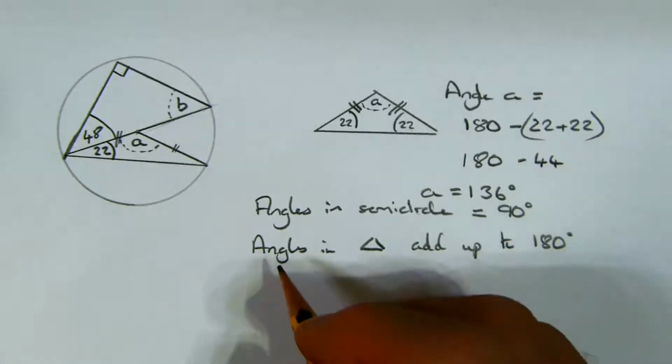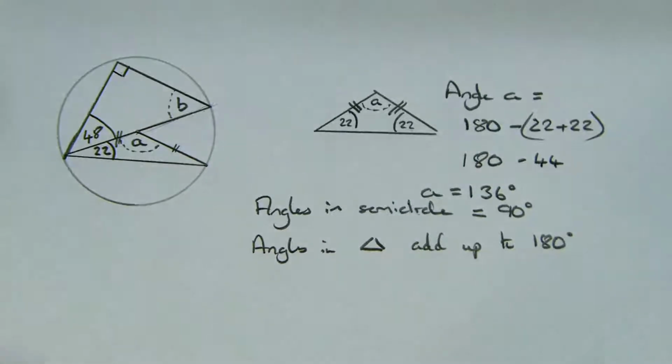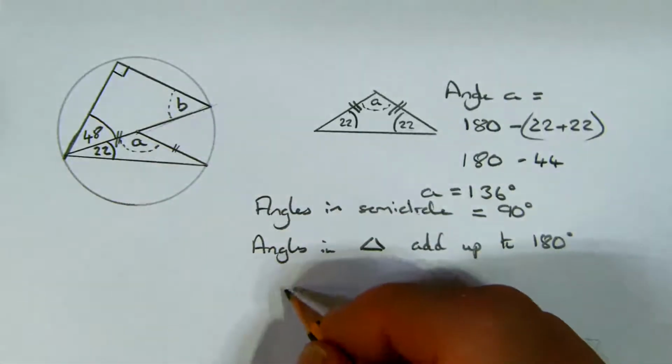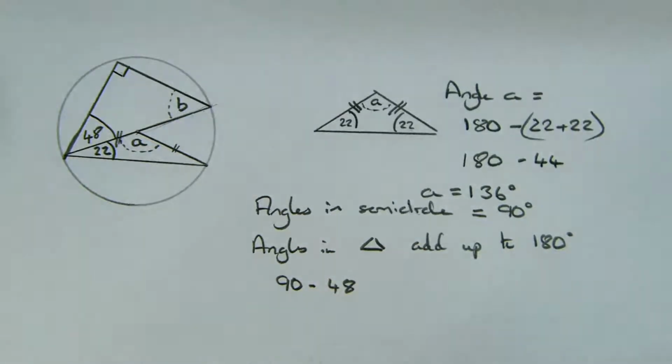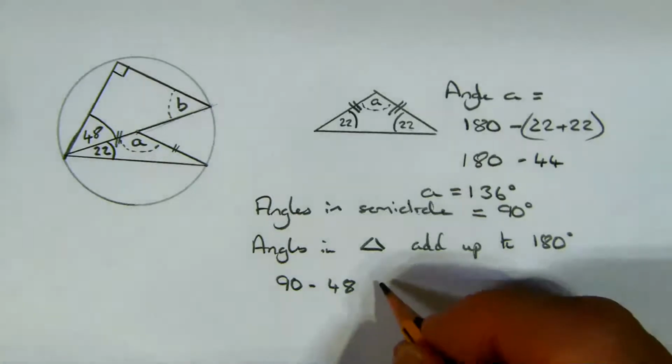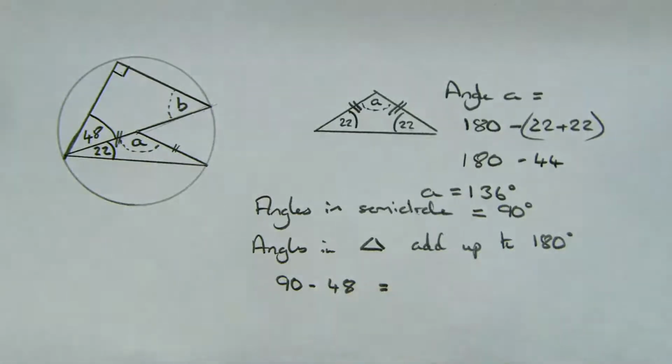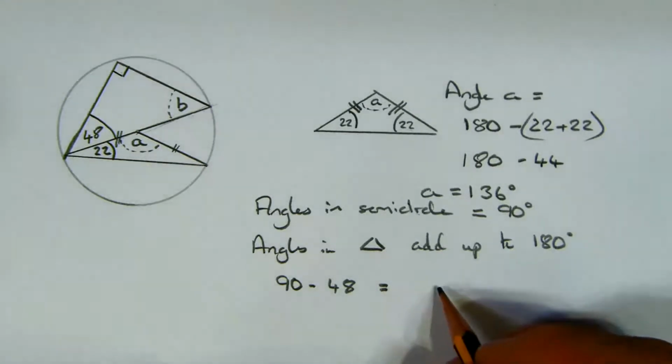And so we know that we've got simply here 90 minus 48. And we can quickly work that one out.